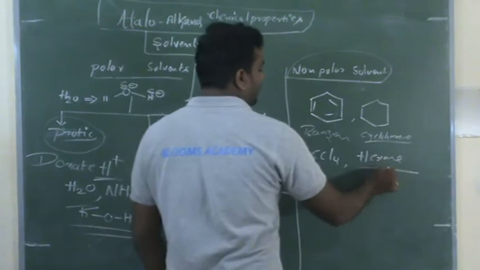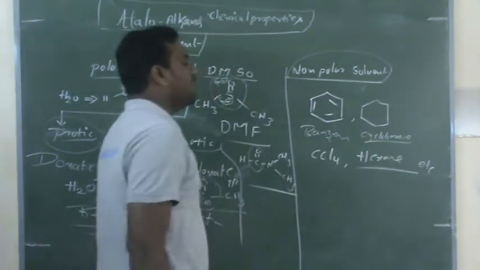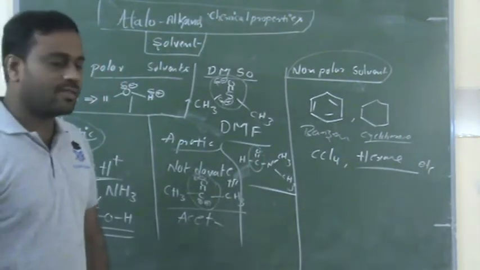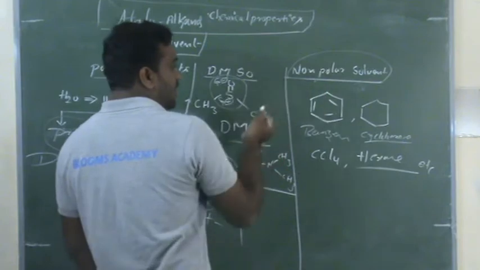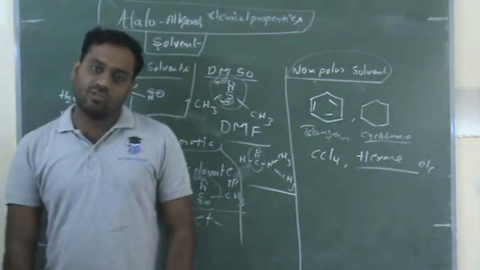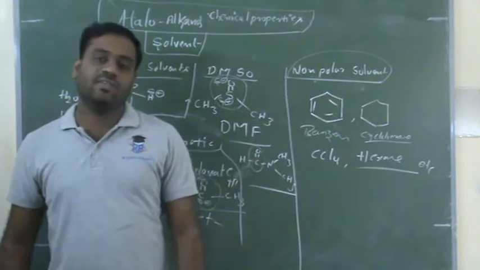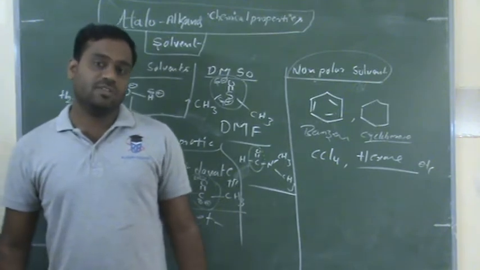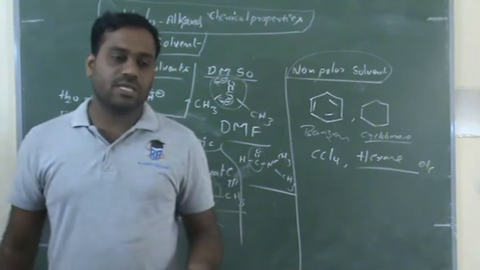This is cyclohexane, this is hexane, and carbon tetrachloride, etc. These are non-polar solvents, and they are also aprotic. Keep in mind, because these non-polar solvents cannot donate H plus ions, I can call them non-polar aprotic solvents.